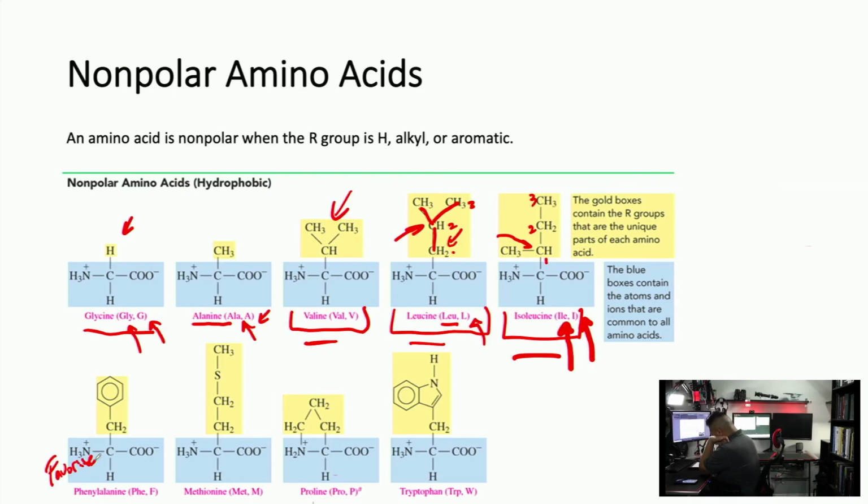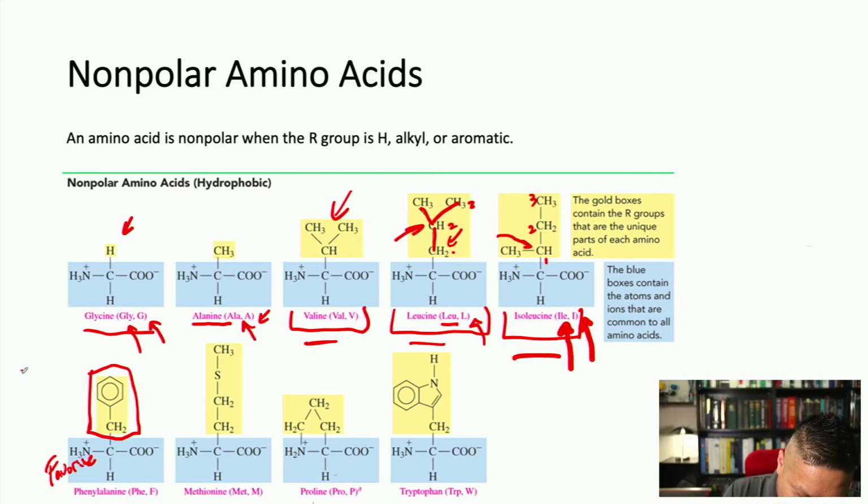Same core right here: the amino, alpha carbon, carboxylate with the hydrogen, and the R group has a CH2 and a benzene ring. Well, why do you think they call it phenylalanine then? What's another word for benzene ring? It's phenyl. Remember that from when we were talking about hydrocarbons? Phenyl.